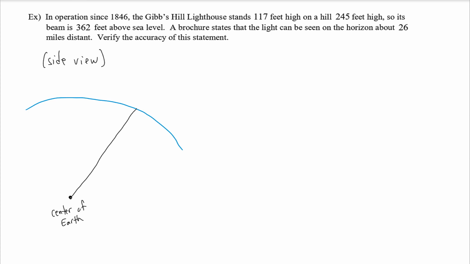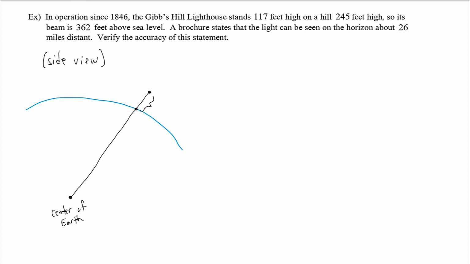And then we have the lighthouse, right? So then the lighthouse extends on top of that. So this little distance here, that's the 362 feet, but the center of the Earth to that point is going to be in miles. So I want to switch this to miles.